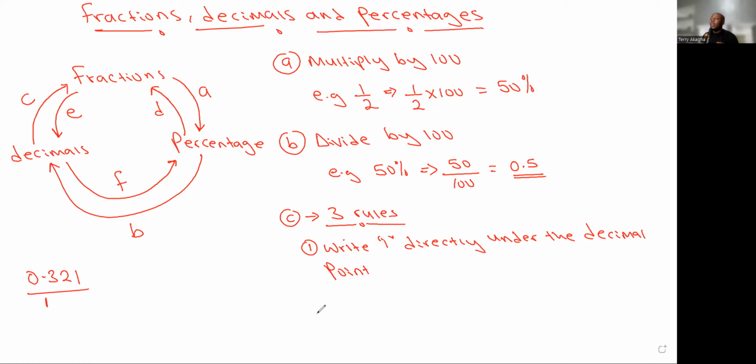Is that okay? Then number 2, you write 0 under each number after the decimal point.